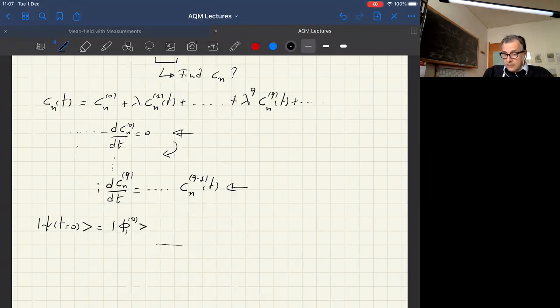Today, we are going to discuss a chapter which is very important in perturbation theory, which has to do with periodic perturbations. This is where we stopped yesterday.